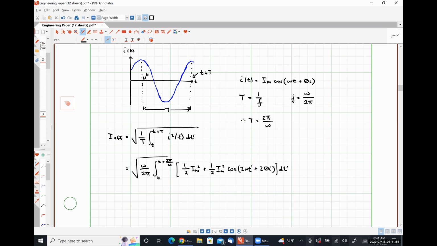Okay. I got that result for I squared by using the trig identity that I identified earlier today, and also when we dealt with instantaneous and average power for the first time.